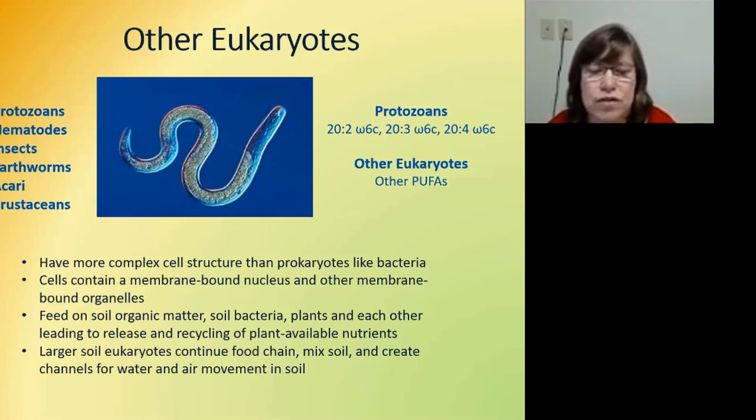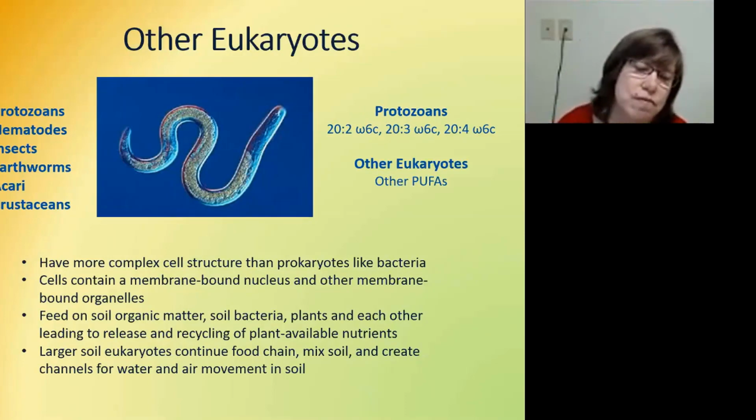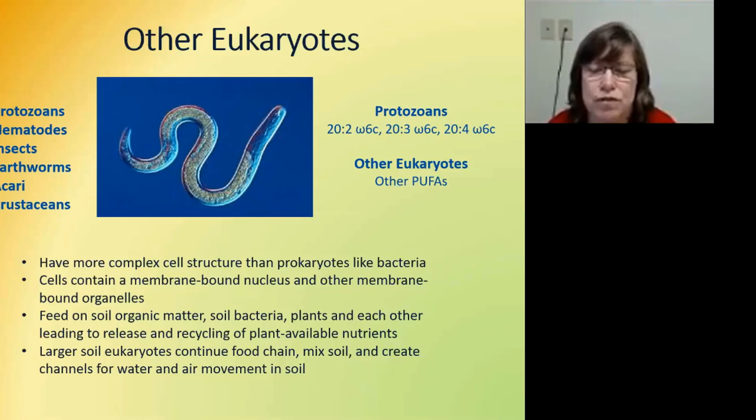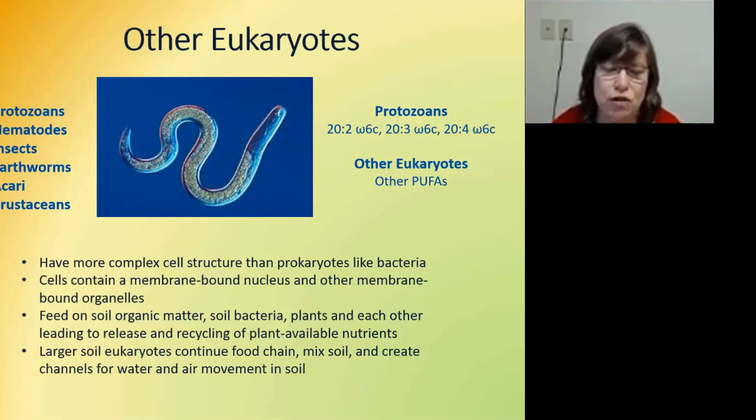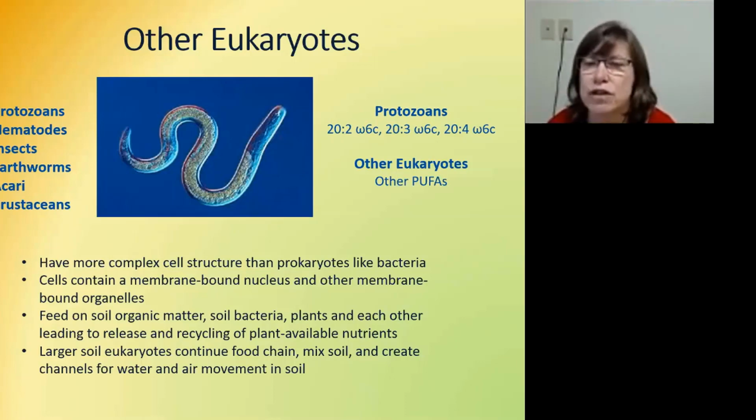There are smaller eukaryotes, sort of like protozoans, amoebas, paramecium, and then there are multicellular ones like nematodes, insects, earthworms, acari, which are ticks and mites, and crustaceans. So these organisms are sort of the top of the food chain. The larger eukaryotes can mix the soil and create channels for water and air movement in the soil.